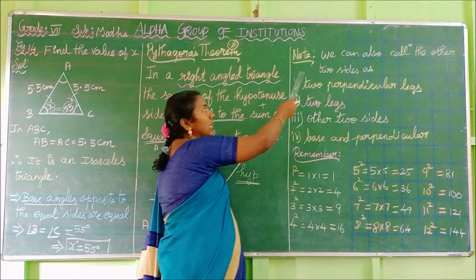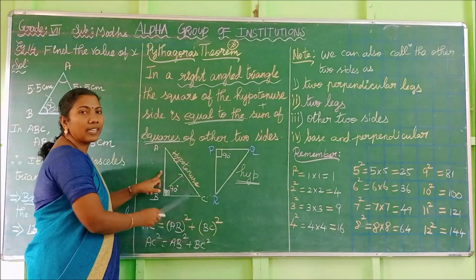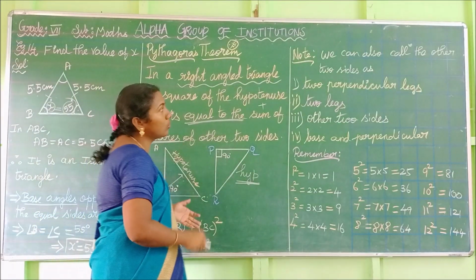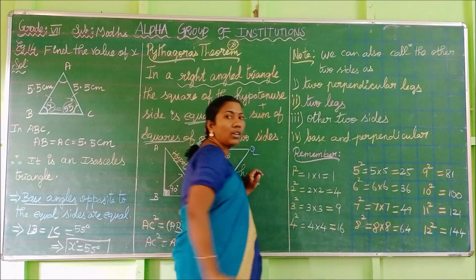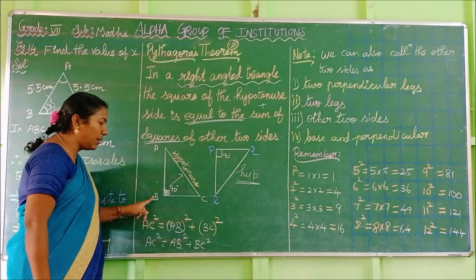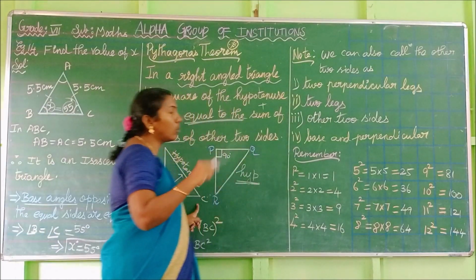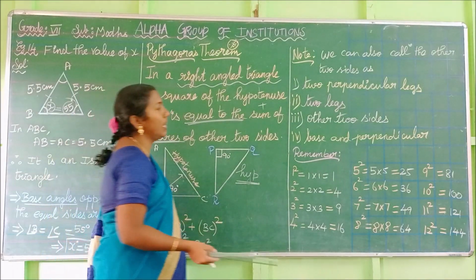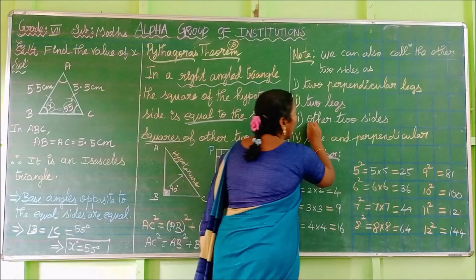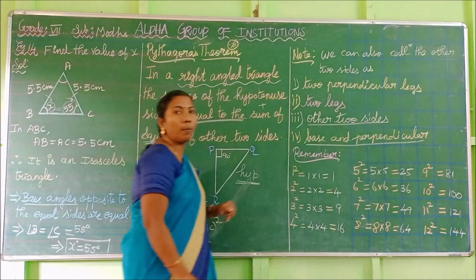Okay, see, this is an important note, children. Listen carefully. We can call these two sides the other two sides. We can also call them two perpendicular legs. What are the two perpendicular legs? AB and BC are called the two perpendicular legs. They can also be called two legs, or the other two sides, or base and perpendicular.